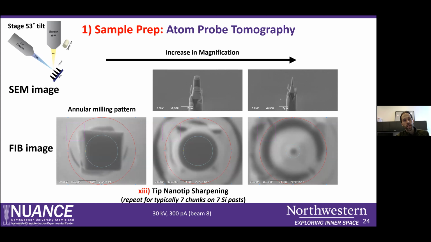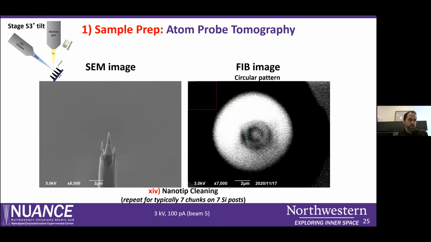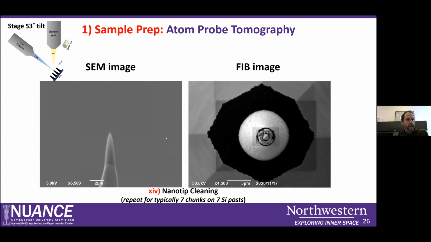So we end up with a nanotip that typically looks like this. After some final cleaning, we can end up with a tip that looks like this. In this case, it should be a little bit below 50 nanometer wide nanotips that you can prepare.